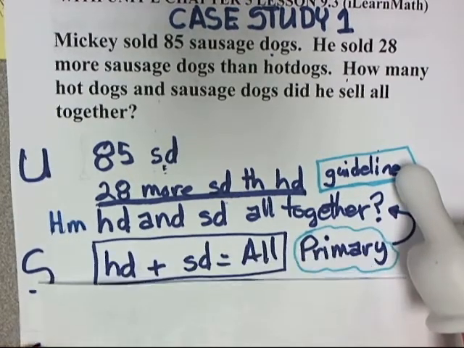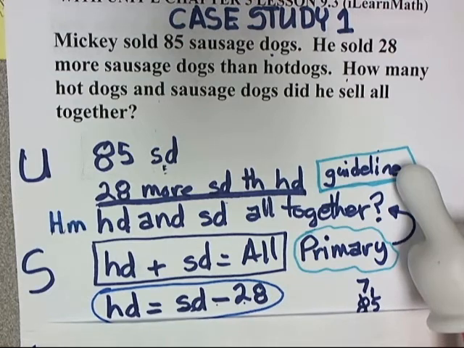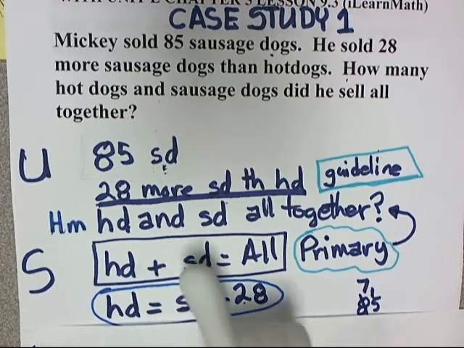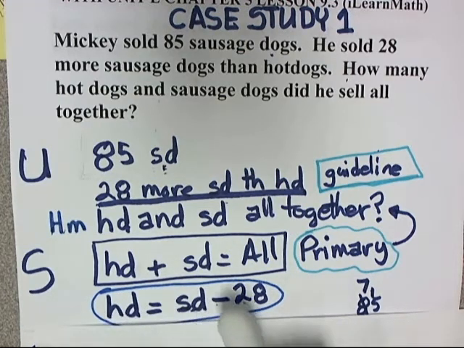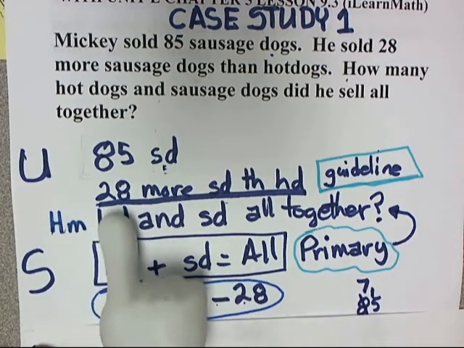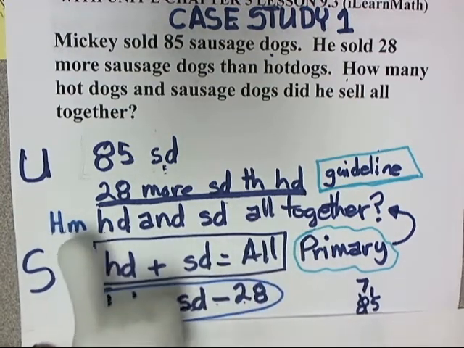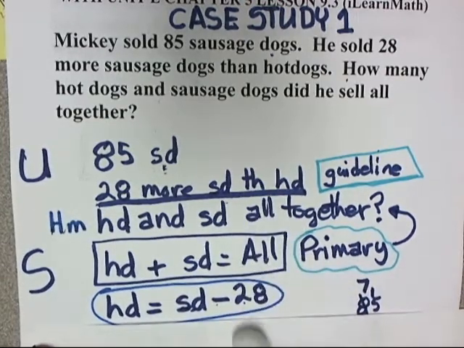Now we'll move to the second step, which is actually setting up your equation. We should start with the guideline statement or the secondary equation, which is hot dogs equals sausage dogs minus 28. The reason we have this is because we know that the difference between the sausage dog and the hot dog is 28 more, so we have to subtract that.